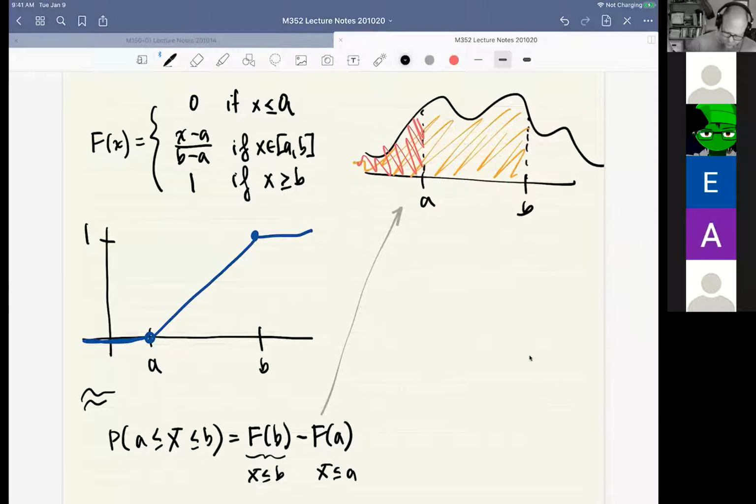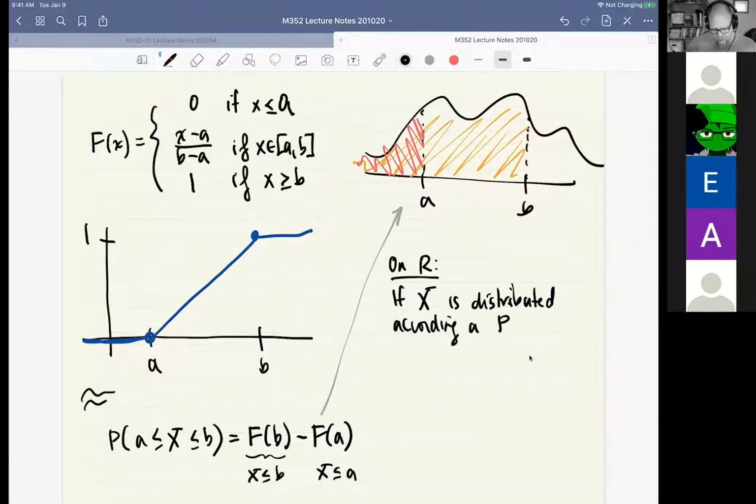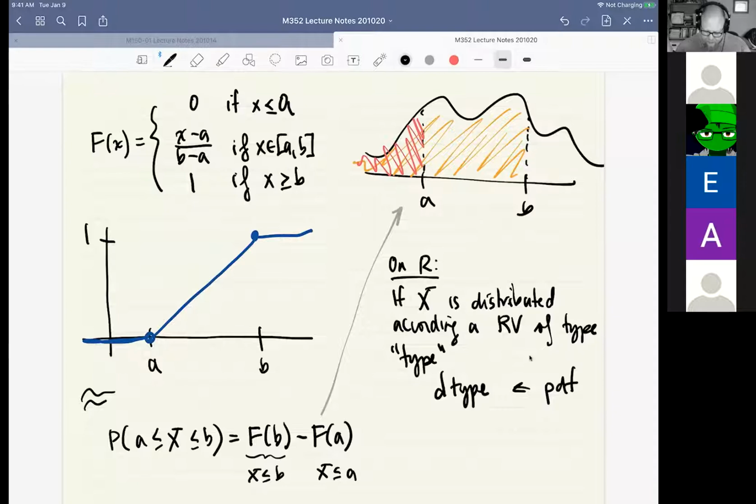So that's what's happening, and that's how the cumulative distribution functions are helpful to us. So just a remark on R. If X is distributed according to a random variable of type, and I'm just going to call it type, then dtype, the command dtype, gives you the values of the PDF, and ptype gives you the values of the CDF.